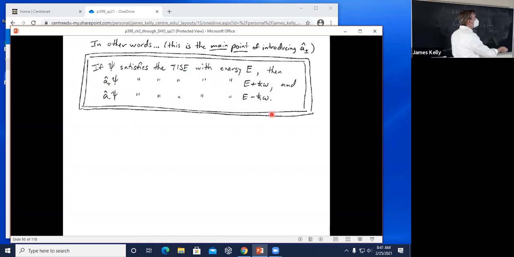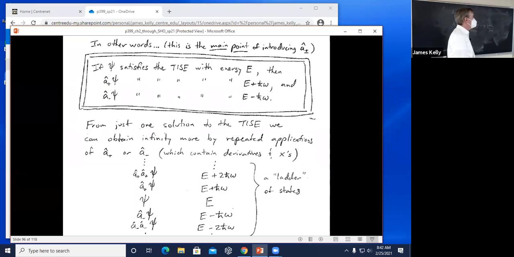And then if those are eigenfunctions, we can apply A plus to them and do the same thing. We can keep going and going and get an infinite number of solutions this way. We're building up a ladder of solutions. Kind of amazing. We didn't even solve a differential equation at all in this case. We did it with algebra. That's why it's called the algebraic solution.